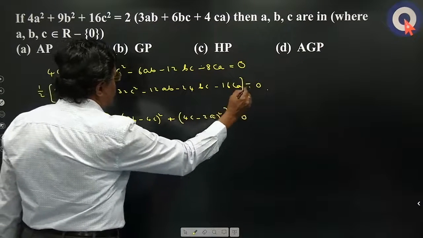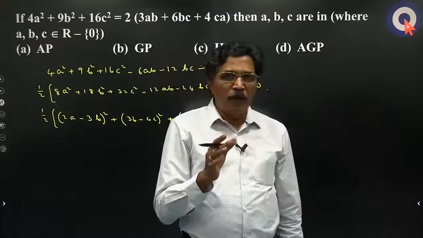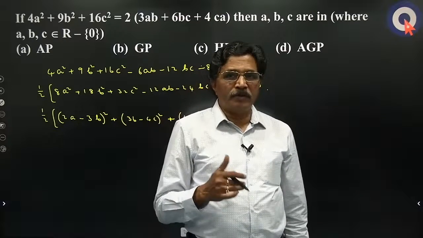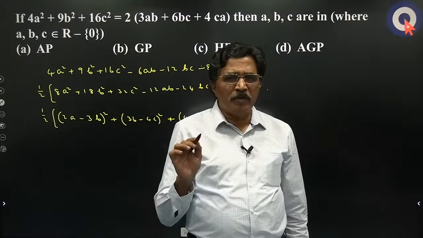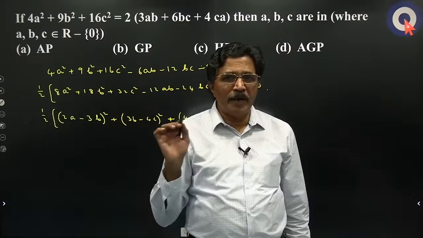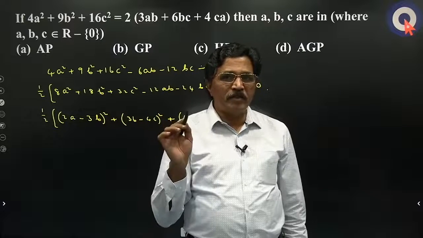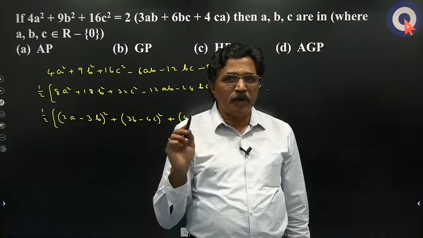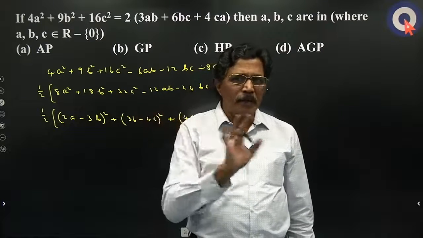You can check once. Basically, the thought will come to you also because in your school days you have learned if a square plus b square plus c square minus ab minus bc minus ca, what you will do? 1 by 2 into twice this, and then you write half into a minus b whole square plus b minus c whole square plus c minus a whole square. So exactly the same thing we have done here, nothing else.